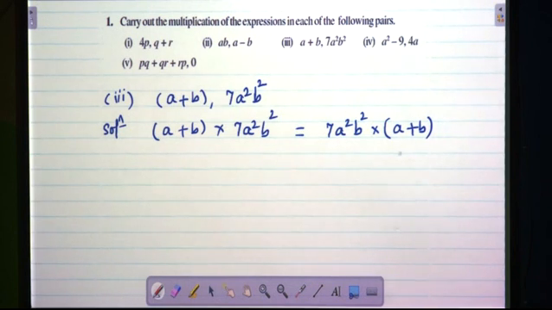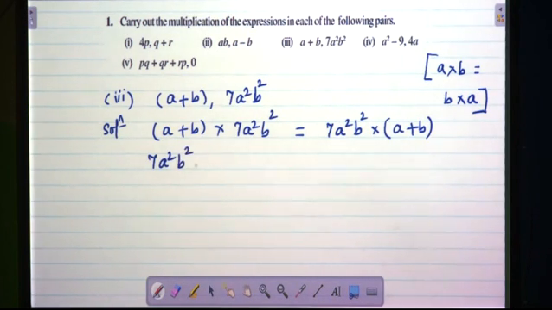This is with the help of the commutative law. What it says? The commutative law tells us that a into b is equals to b into a. It makes no difference. With the help of the same commutative property, we are solving it. 7a square b square in bracket a plus b.